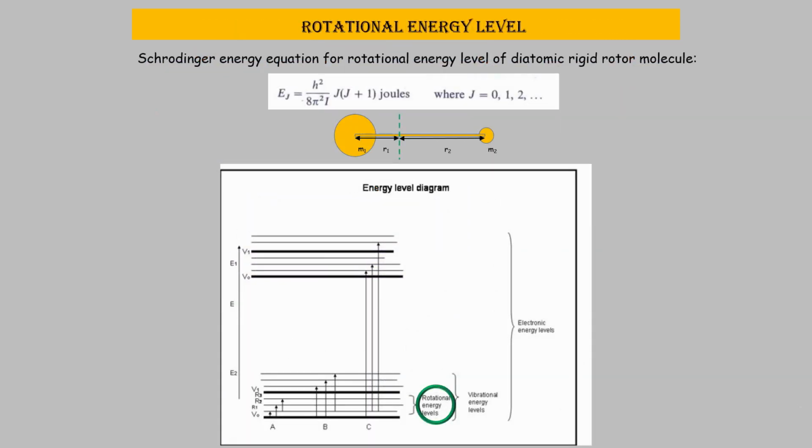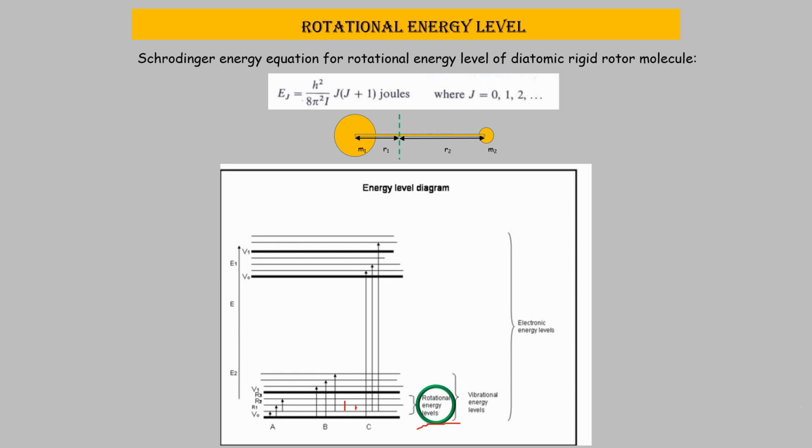Now, to deal with the rotational spectroscopy of any molecule, we need to know the energy required for the transition within the rotational energy levels, which are quantized. By solving the Schrödinger equation of a particular molecular system, we can determine the energy of rotational energy levels.